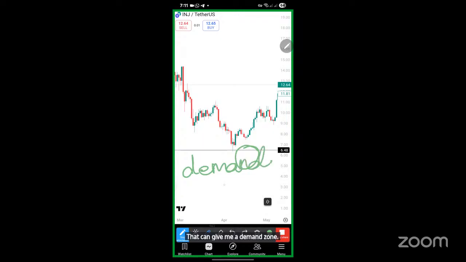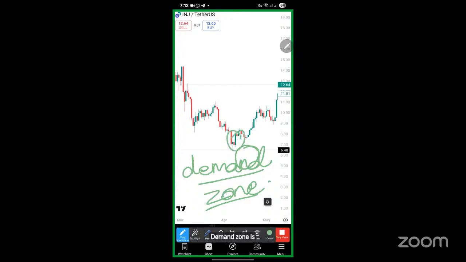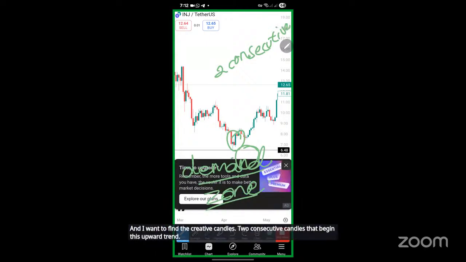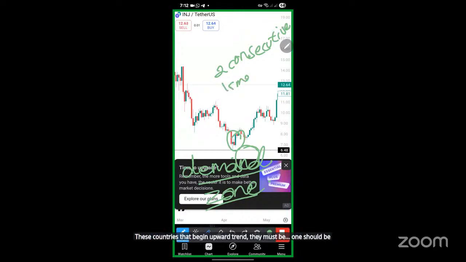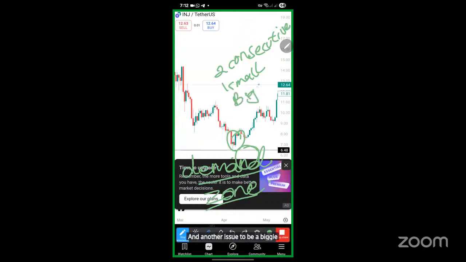What do I call a demand zone? A demand zone is this point here where the market started going up, and I want to find 2 consecutive candles that begin this upward trend. One should be a small candle, and the other a big candle engulfing the small one.